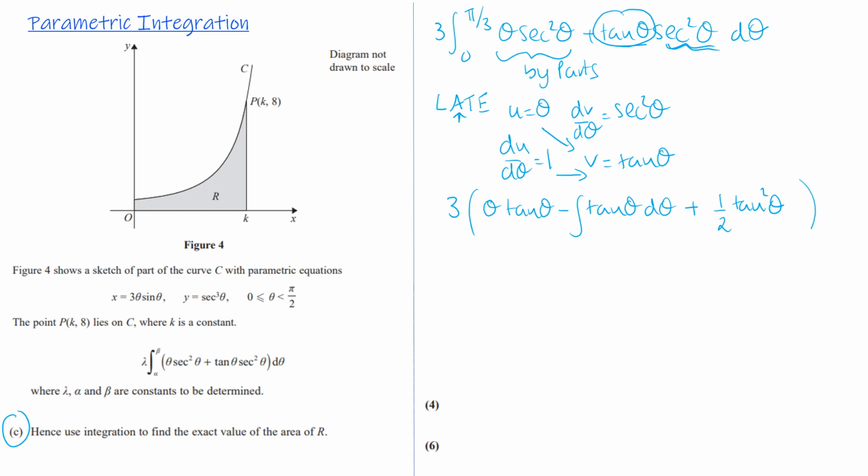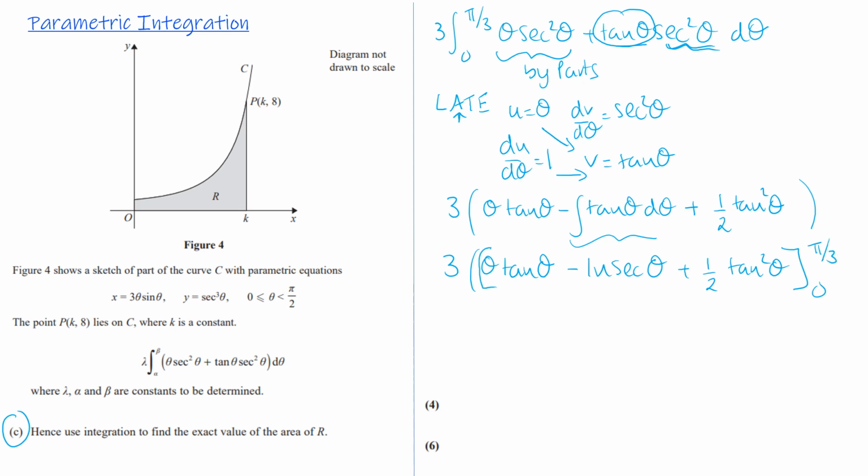So now all I need to do is integrate the tan theta, so I've still got my 3 theta tan theta. And then using the standard result, the integral of tan is the ln of sec theta plus half tan squared theta. And we're going between 0 and pi by 3.